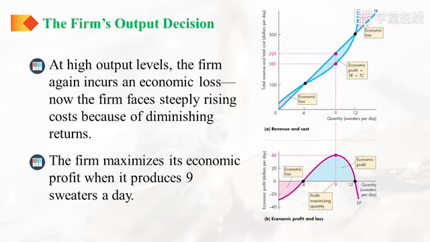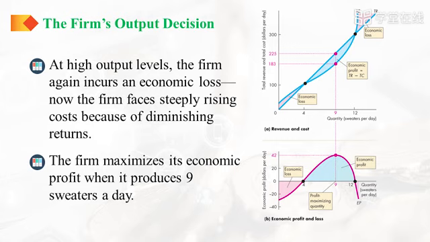However, as the firm increases its output to high output levels, the firm again incurs an economic loss. Now the firm faces a much steeper rising cost because of the law of diminishing returns. The marginal cost increases a lot compared to the unchanged marginal revenue.